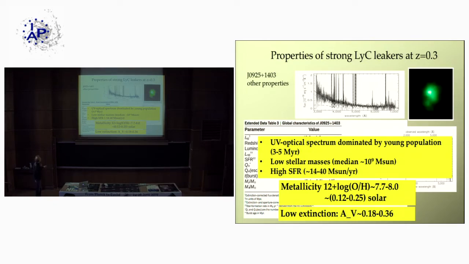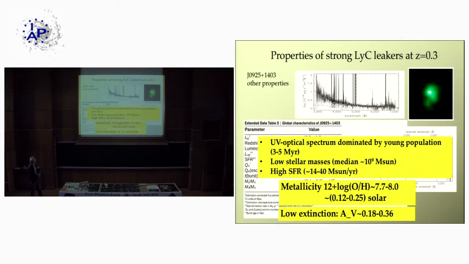And the main results of this ensemble of 11 galaxies which we studied is summarized here. The spectra of these galaxies from the UV to the optical are dominated by very young stellar populations. This is again a selection effect. We've selected for galaxies which have very strong emission lines. These galaxies have fairly low stellar masses of the order of 10 to the 9 or so. They have very high or fairly high star formation rates, so they are at redshift 0.3 or so.